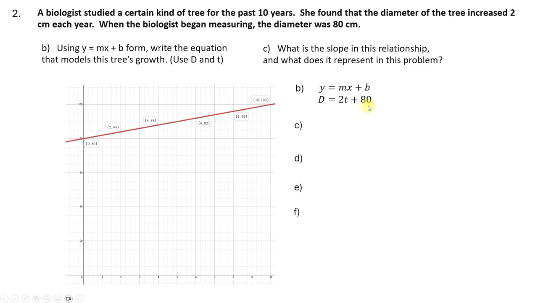This b, or y-intercept, is usually the initial value. In our previous appliance question, it was the initial cost. In this question, it's the initial or starting diameter at year 0. So there's our equation. Diameter equals 2 times the number of years plus 80.